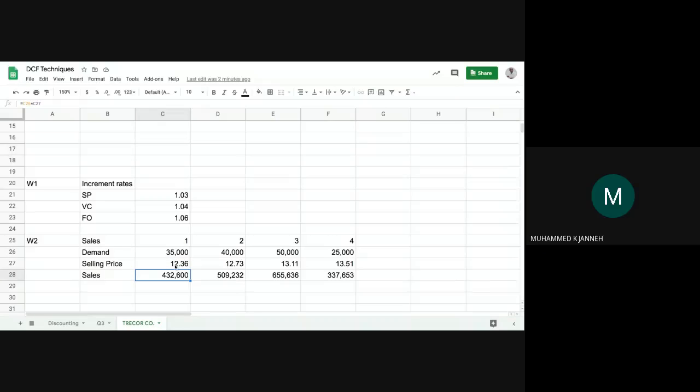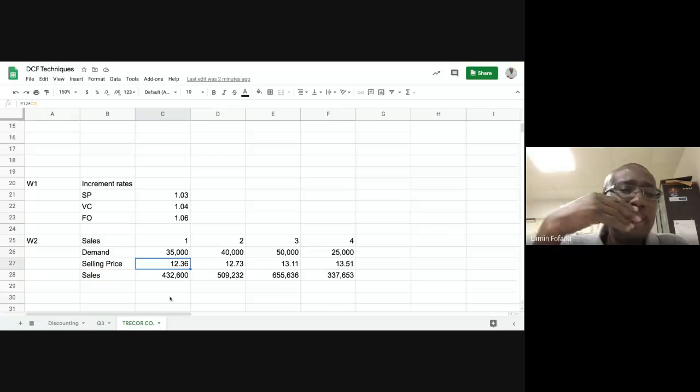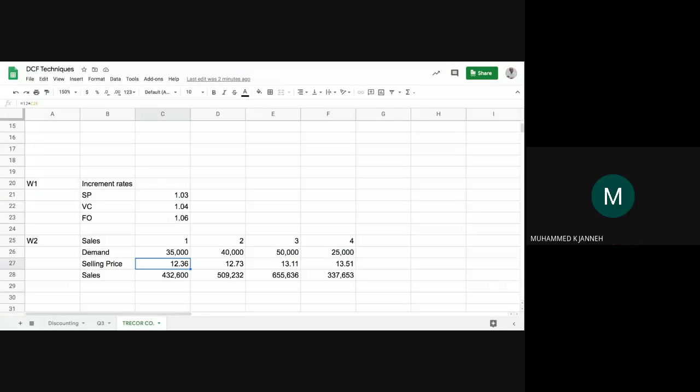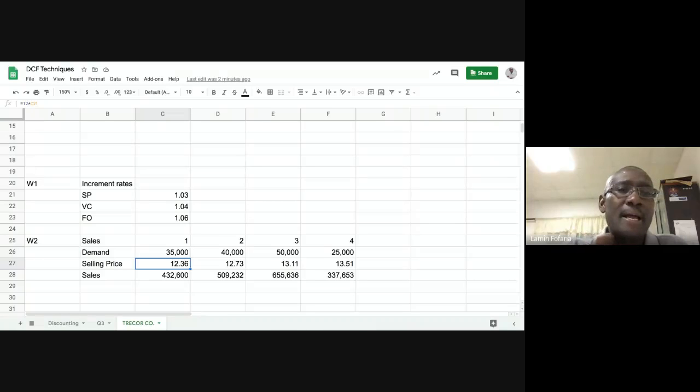What I did was the first one, the fourth one, 12 multiplied by C21. C21 is 1.03. Then afterwards I use C27, which is the result that I had previously, multiplied by 1.03.